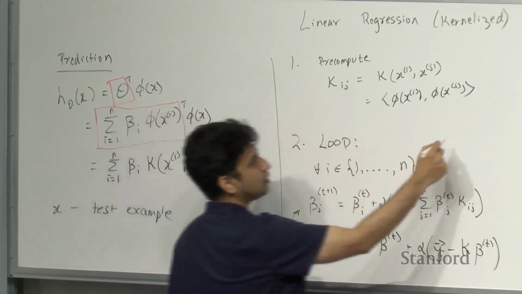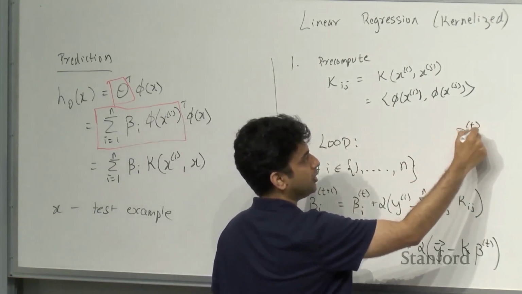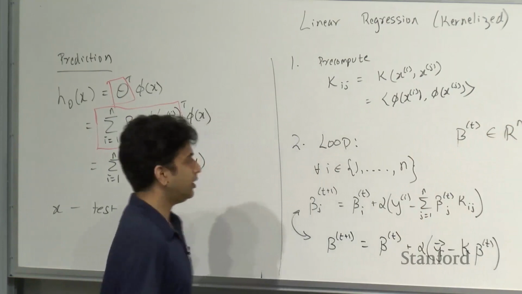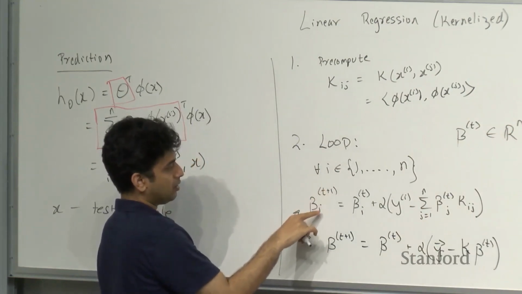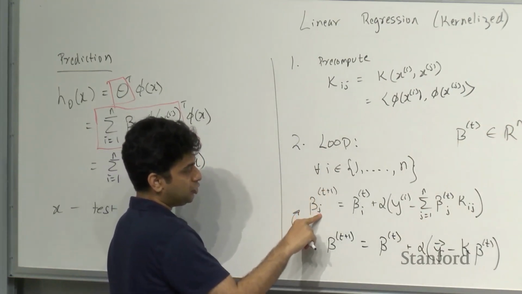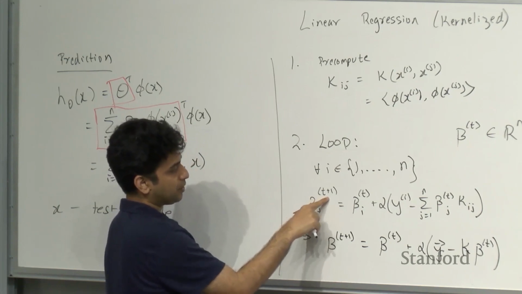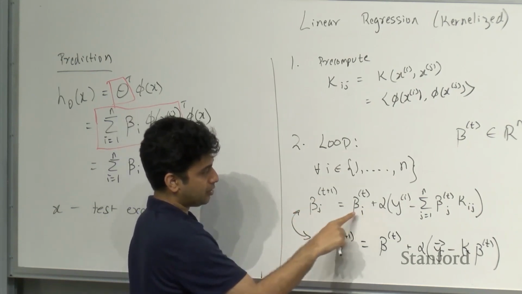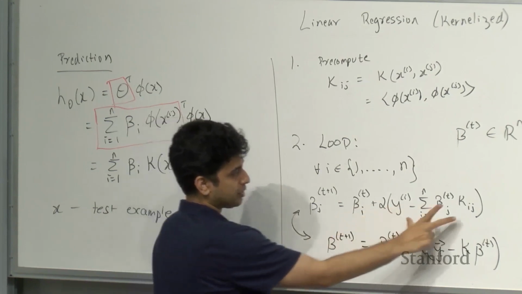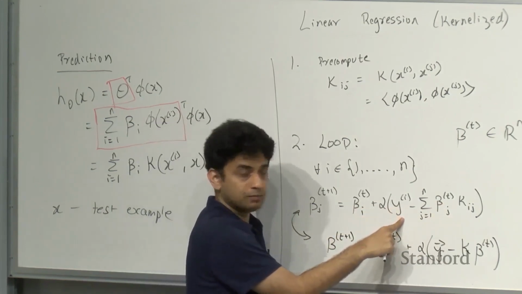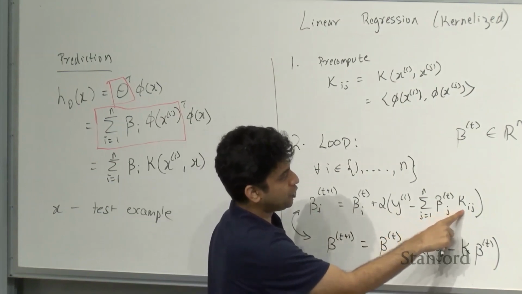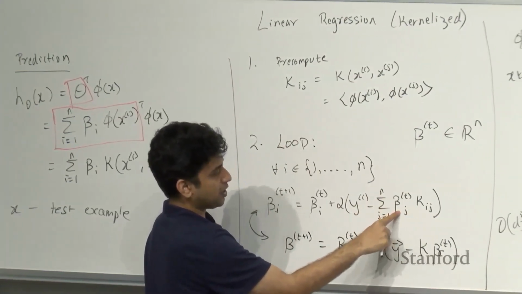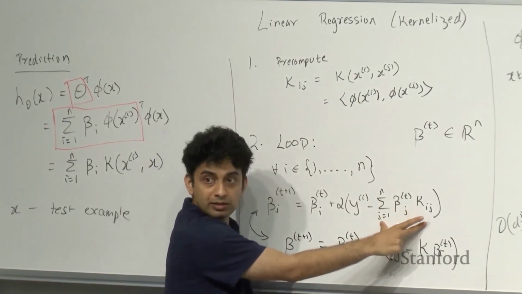So beta of t is in Rn, right? So beta t plus 1, or the jth beta at step t plus 1, is equal to the old beta plus alpha, again a scalar. So scalar times something, yi is a scalar, and Kij are scalars, and you're summing over some scalar times some scalar, so this whole thing is a scalar.